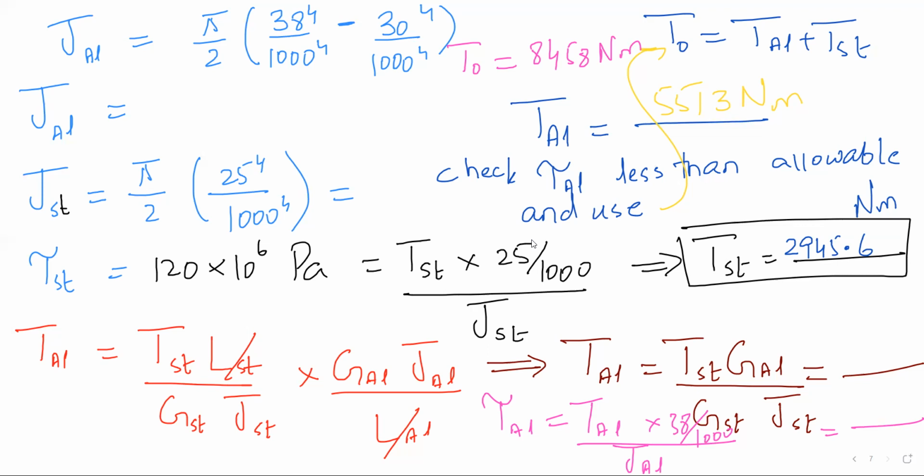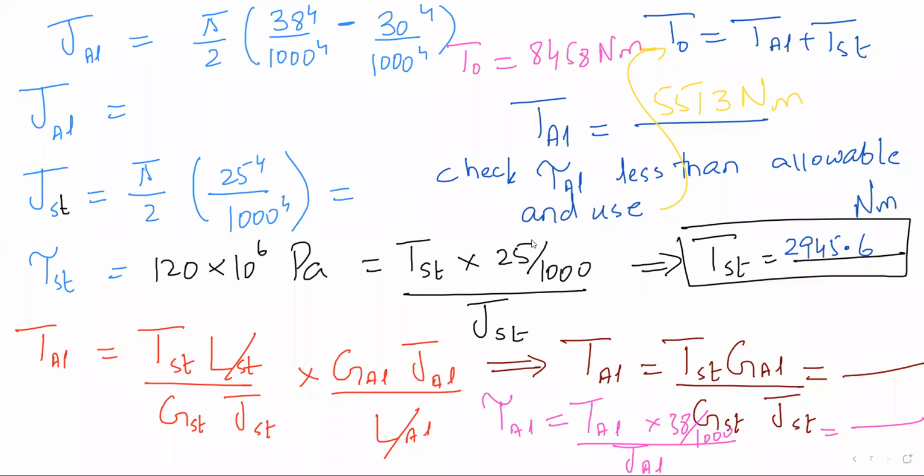Let me calculate this again. We already eliminated the lengths. Give me the calculator, I will do it quickly. 3.142 divided by 2 into 25 power 4 divided by 1000 power 4. 6.1367 into 10 power minus 7. Everything is fine.